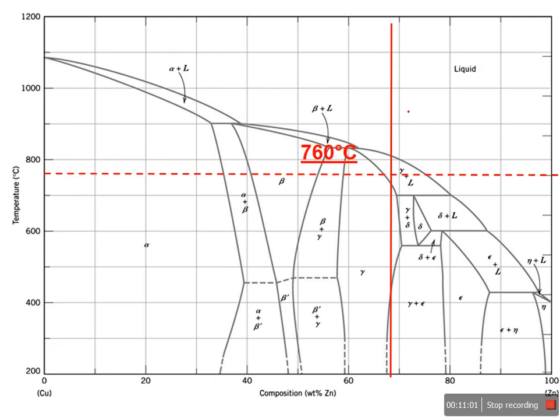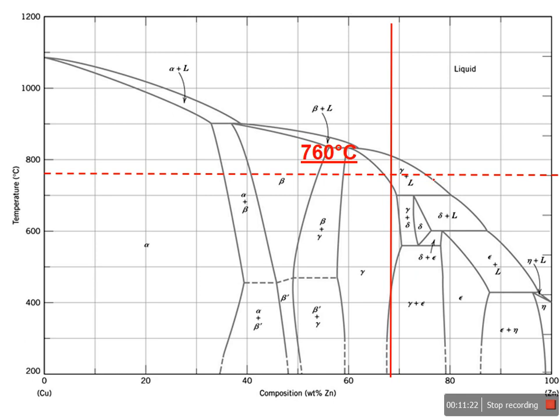Second temperature, 760 degrees centigrade. Well, that's clearly in the gamma and liquid phase region. So now our sketch becomes a little bit more complicated. We have a solid component and a liquid component, and we can estimate the composition of both gamma and liquid.